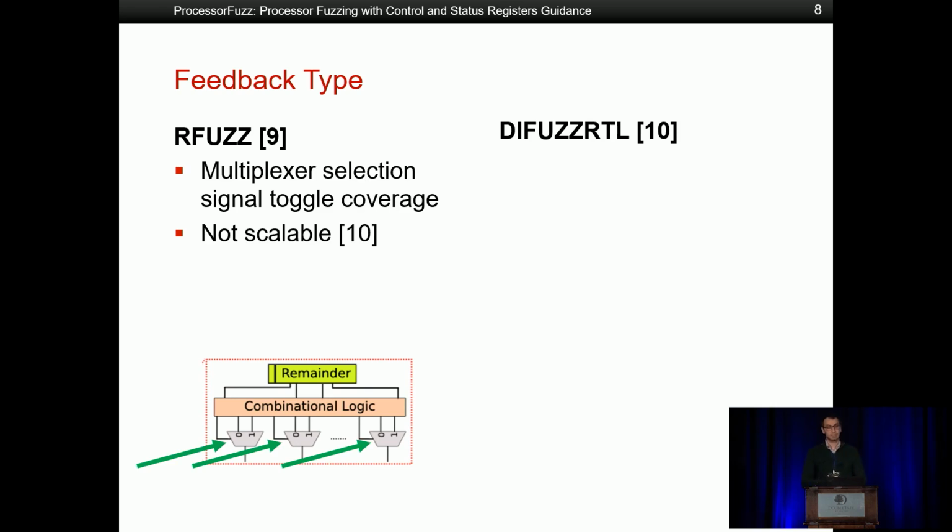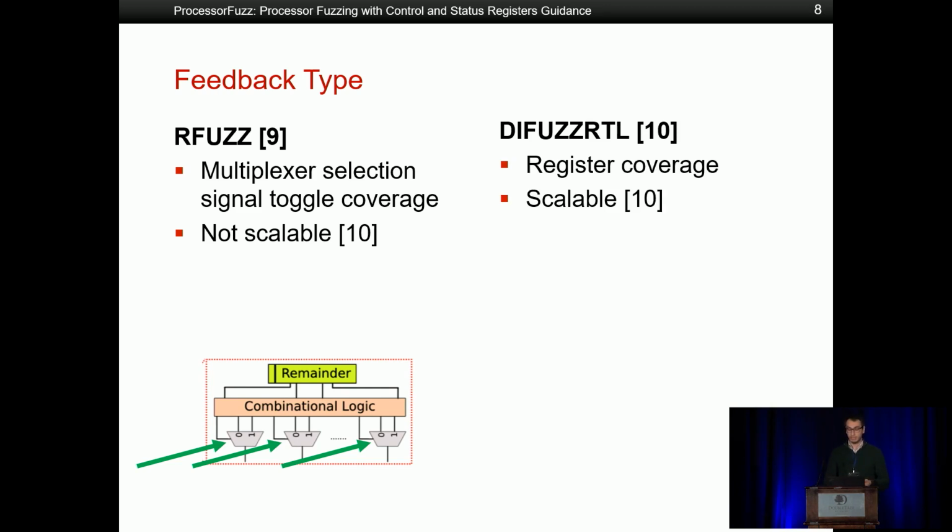RFuzz relies on multiplexer selection signal toggle coverage, where the intuition is that if we can drive the fuzzer to generate test inputs that toggle different multiplexer selection signals, we can essentially cover different hardware regions. The problem with this approach, as shown by DifuzzRTL, is that it is not scalable because there are so many multiplexers that we need to monitor.